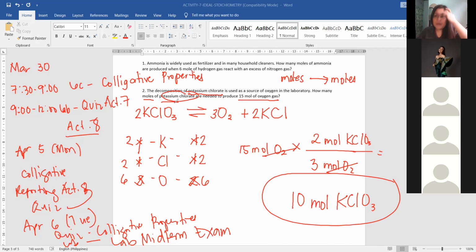Kung mag-study ba mo or dili. Siyempre mag-study yun. Okay, questions about activity number 7 before na ko ihatag ang activity number 8? Okay, wala.